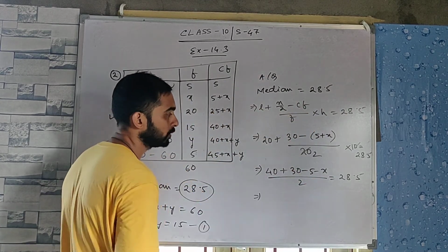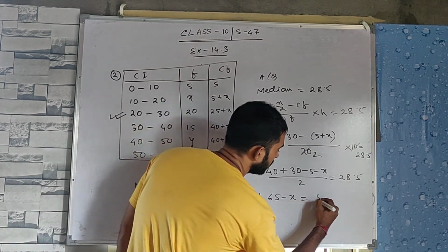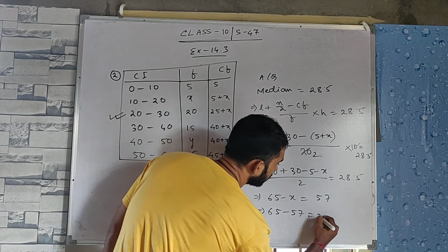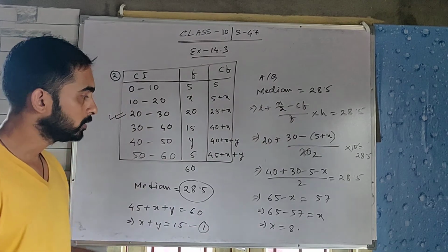Here 70 minus 5 is 65. 65 minus x equals 57. So 65 minus 57 equals x. So x equals 8.